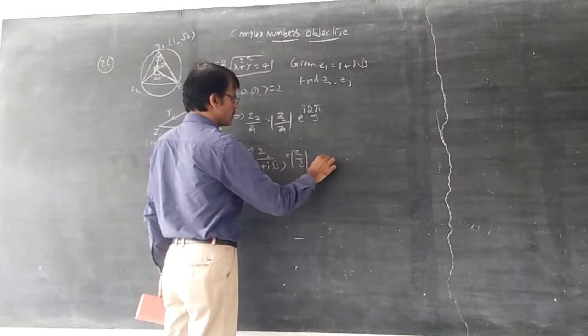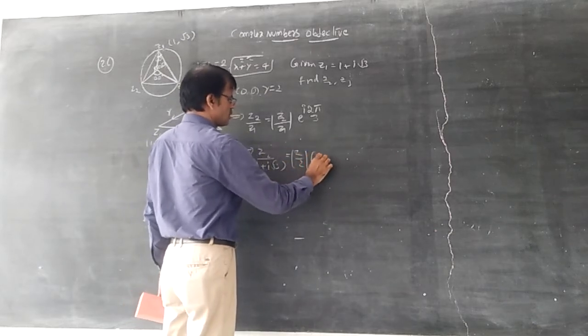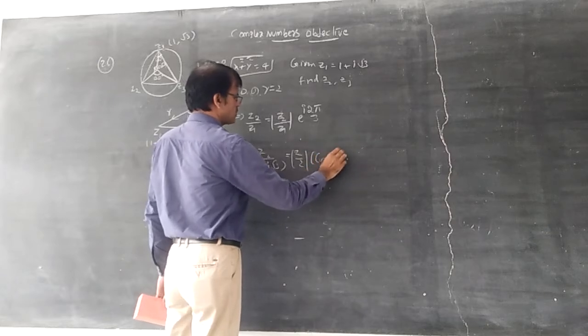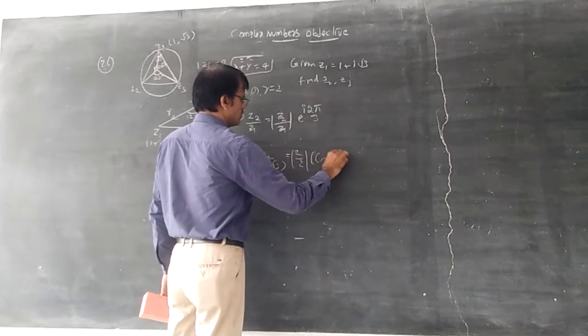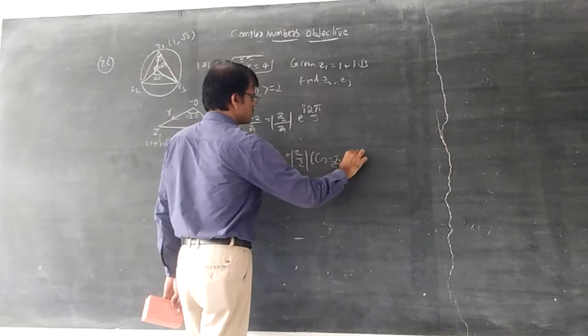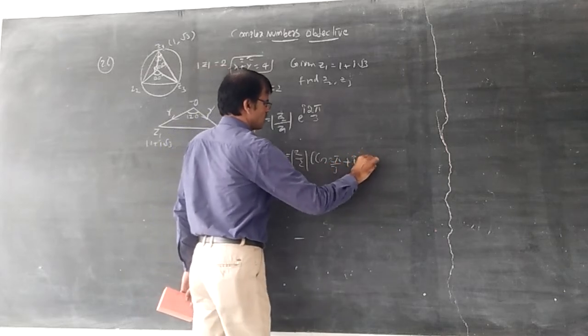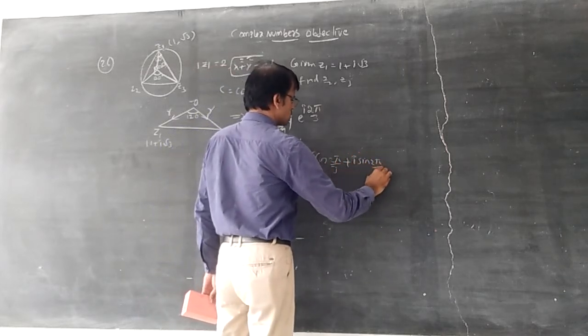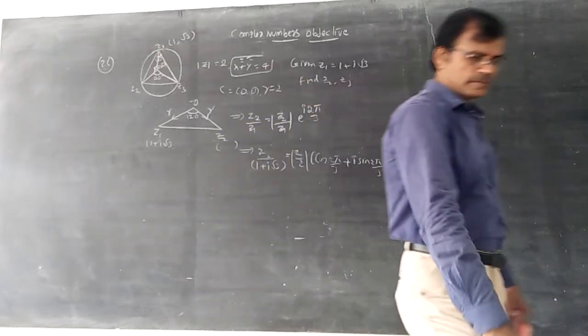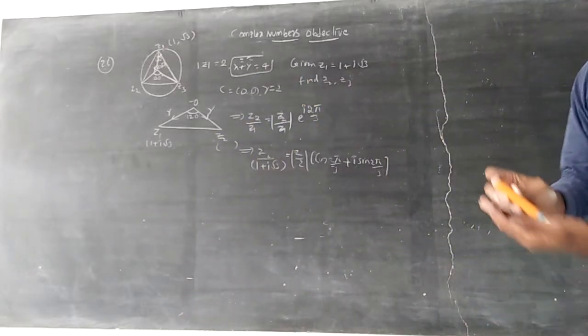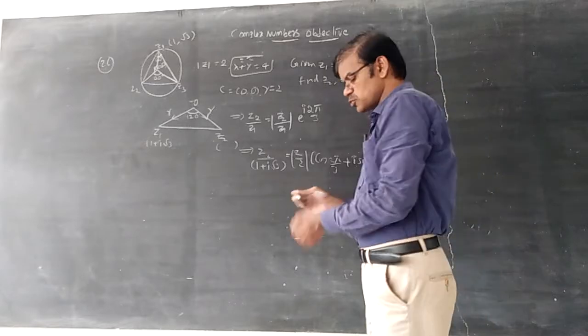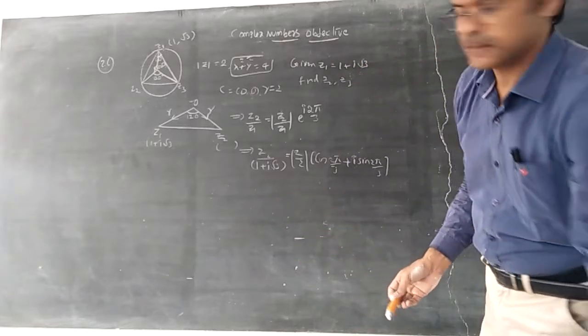So modulus of 2 by 2 into cos 2 pi by 3 plus i sin 2 pi by 3.